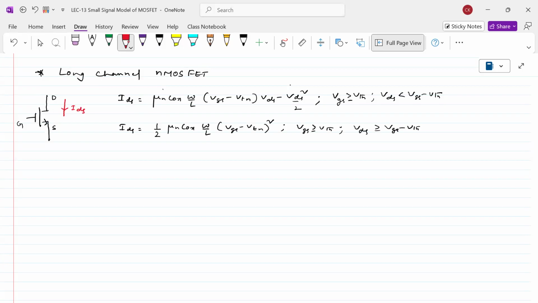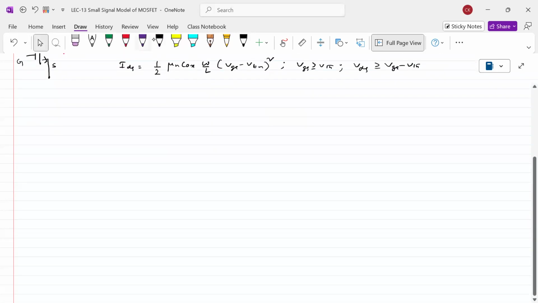But actually we are going to use this MOSFET mainly for the purpose of amplification. What do you mean by an amplifier? A small definition about the amplifier: whenever you give a signal, the signal power must be enhanced at the output node.